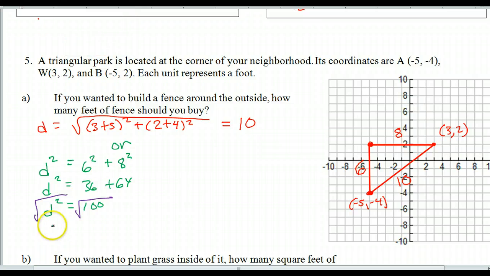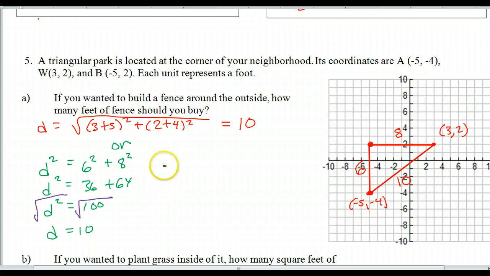And that's going to give me that d is 10. So look, basically the distance formula is sort of a shortcut. The formula does the Pythagorean theorem, but it has it all in one package. Okay, either way, we get that the third side is length 10.